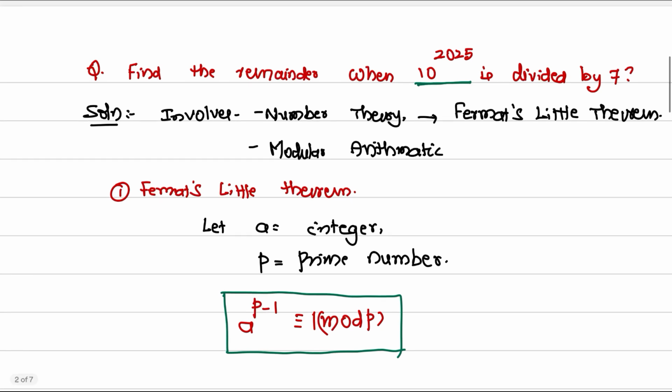Now, here p is a prime number. Please tell me whether 7 is a prime number or not. I am going slow because it is the first lecture. I want you to appreciate the remainder theorems in number theory so that you can solve the problems with ease.